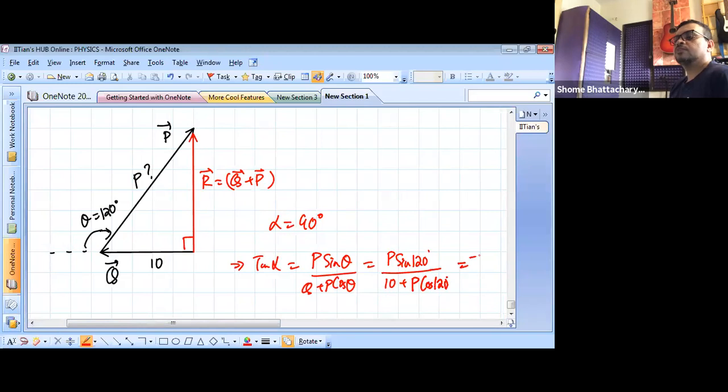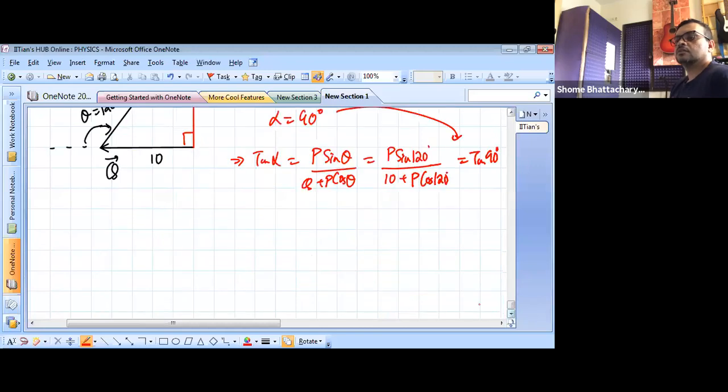So this should now be tan 90 degrees because alpha is 90. So it should be undefined. So next step, P sin 120 upon 10 plus P cos 120 should be undefined.